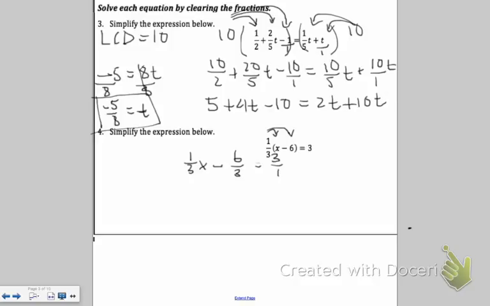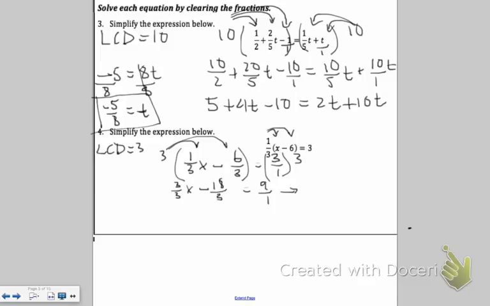As you can see, the least common multiple of 3 and 1 would just be 3. So the LCD in this case is 3. We're going to multiply each side of the equal sign by 3, and we get 3 over 3x minus 18 over 3 after we distribute is equal to 9 over 1.